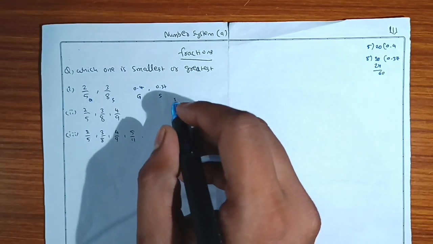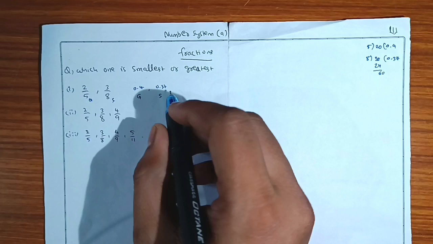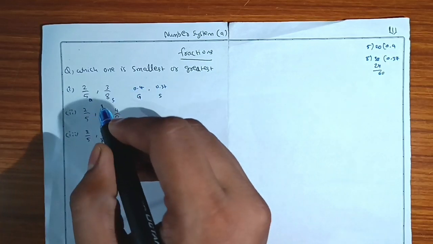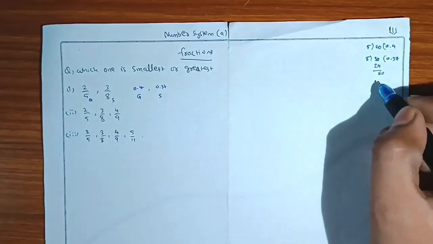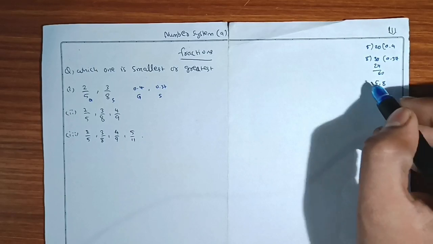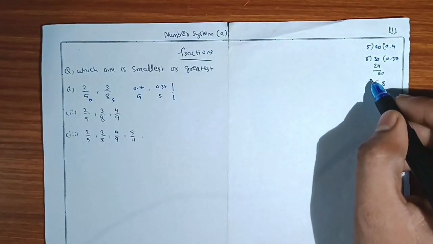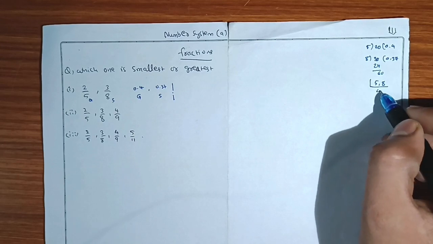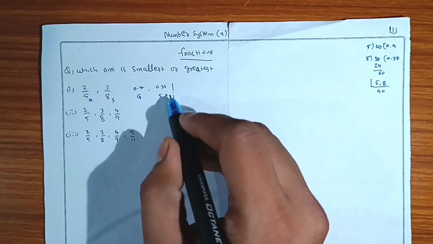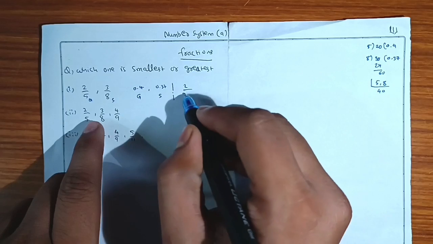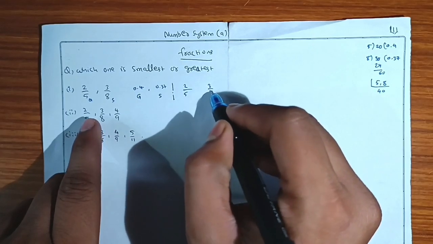Now let us see the LCM method, where we need to take the LCM of the denominators. The denominators are 5 and 8. So let us draw a line here. The LCM of 5 and 8 will be 40. Suppose this is 2 by 5 and this is 3 by 8.